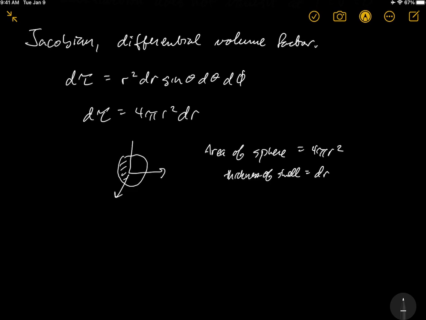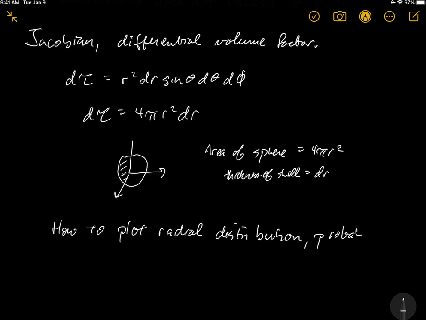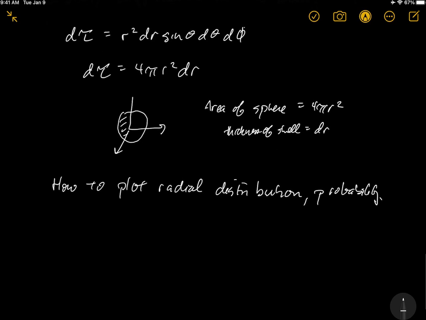And so this helps us to avoid this apparent singularity, but it introduces another complication: if we want to plot the radial distribution or the radial probability, we have to include this volume element.